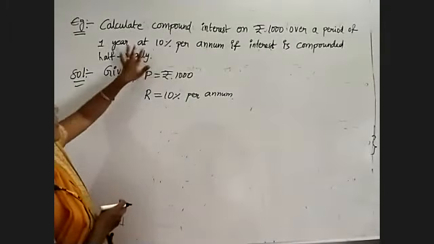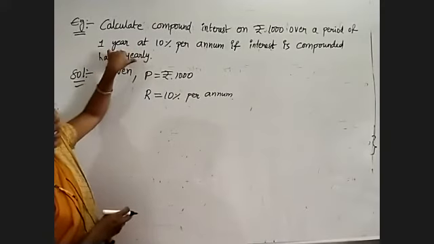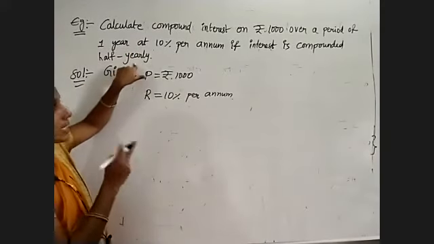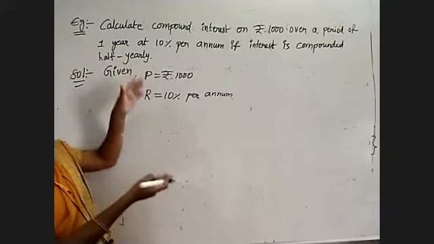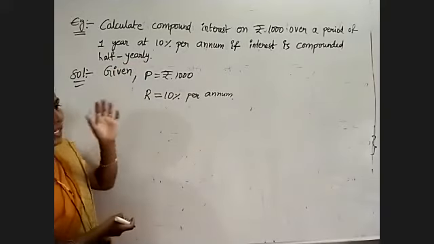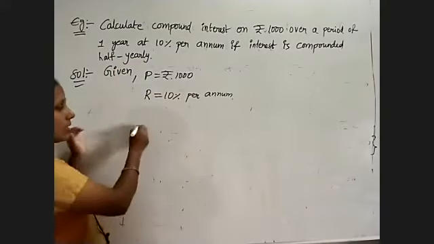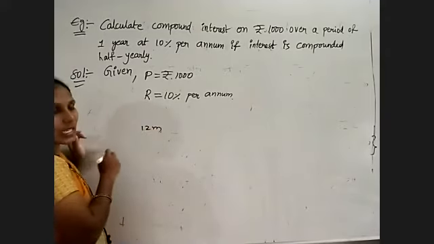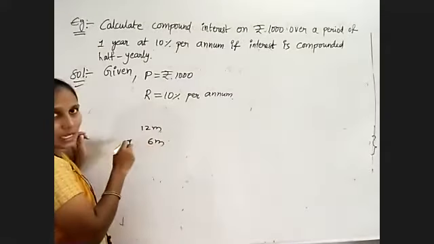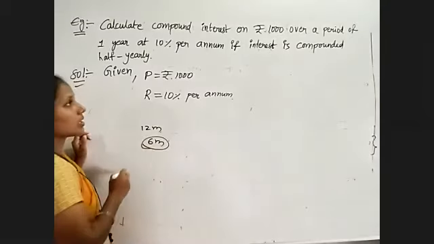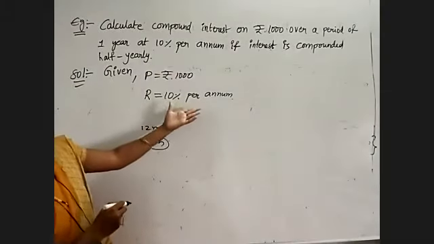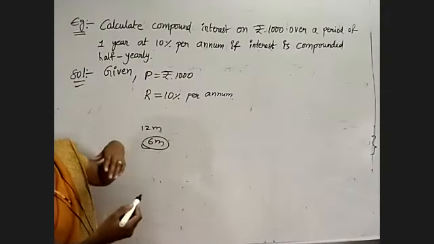After that, they are given that time is equal to 1 year, but interest is compounded half yearly, means after half years. In a year how many months we have? 12 months. Half of the year is nothing but 6 months. Yes or no? Means after 6 months, that amount must be compounded again. Means interest on interest we have to collect.